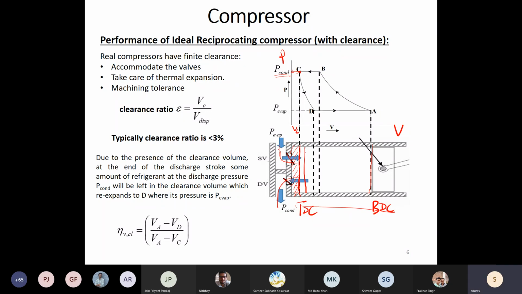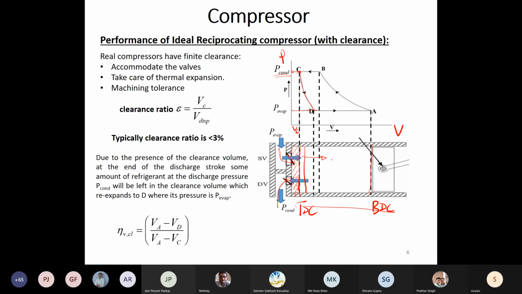Now when the piston moves downwards, in this case towards the right, this gas will re-expand in the piston cylinder assembly, and hence the pressure inside this cylinder will go down. It will go down till you have your evaporator pressure.